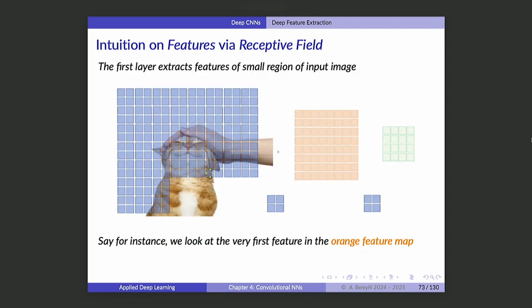So this part, which is supposed to be orange, is the map that I'm computing out of my first convolutional layer, okay? And then this green part, the green map, is the map that I'm getting out of my second convolutional layer.